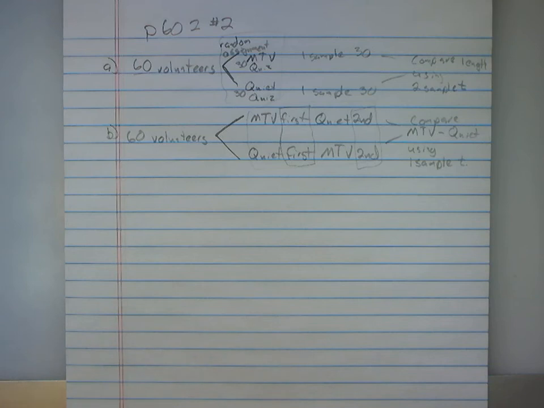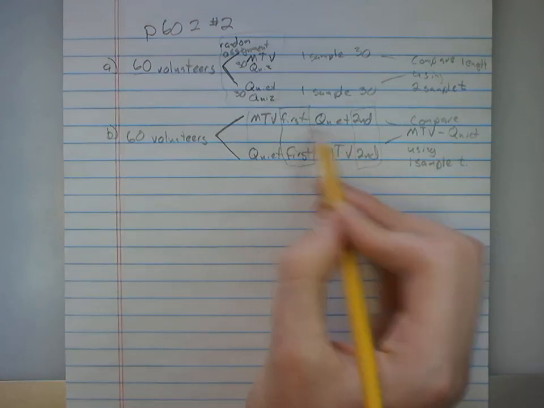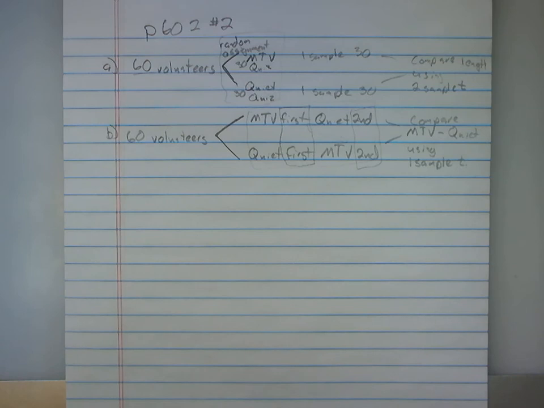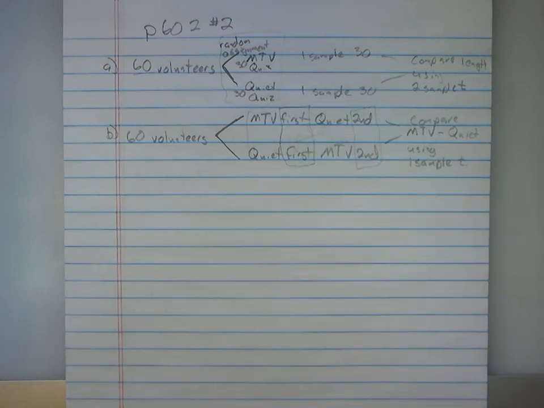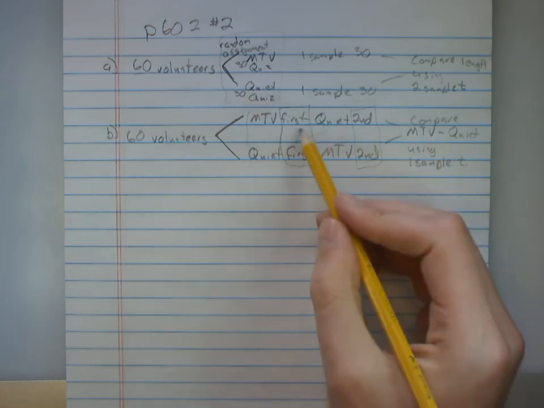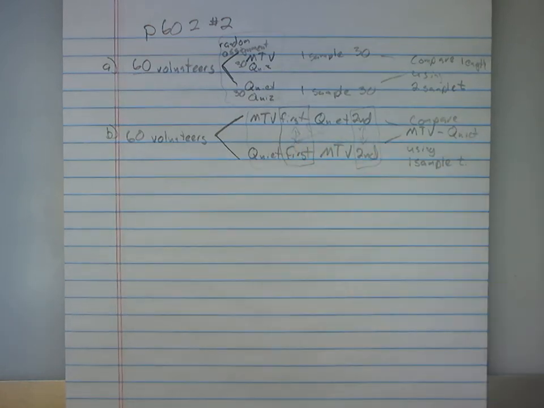If you had an MTV crossword puzzle and a quiet crossword puzzle, then the difference could be because of the crossword puzzle and not because of if you were listening to MTV or not. This way, as long as we have the first one be the first one and the second one be the second one, that should get around that effect.